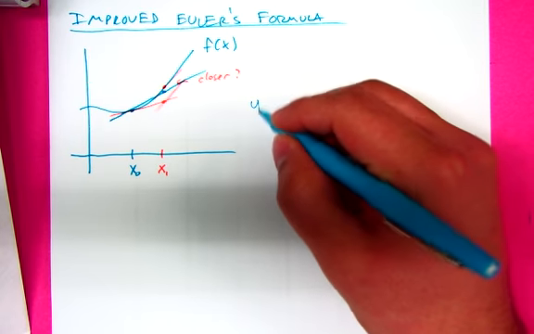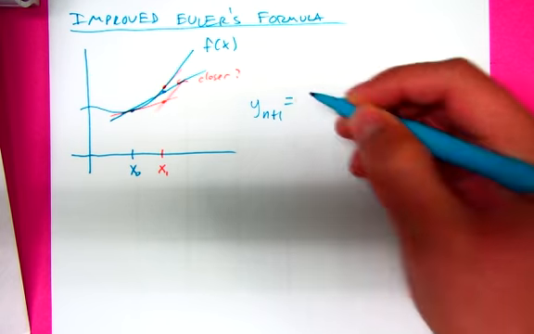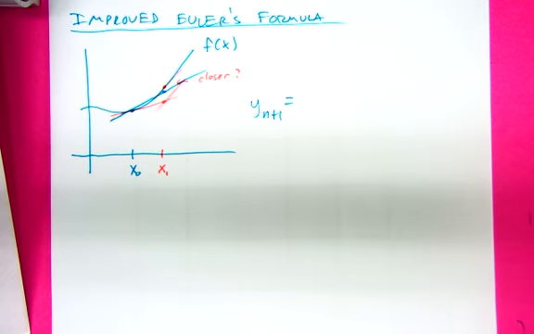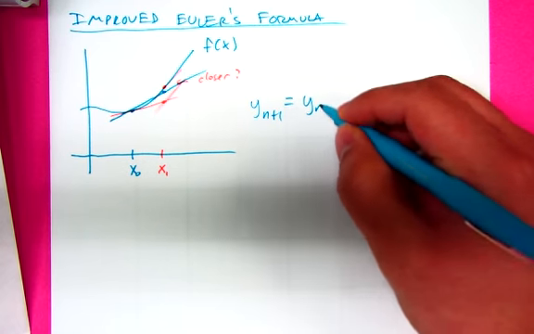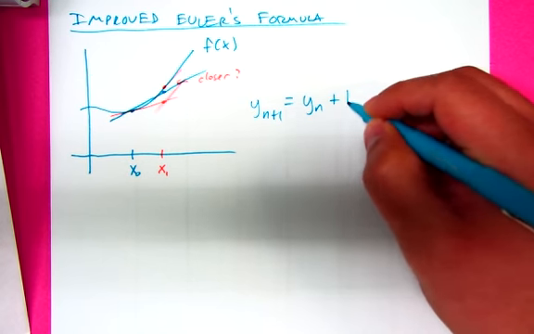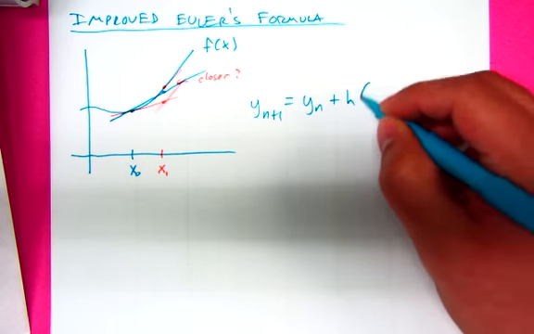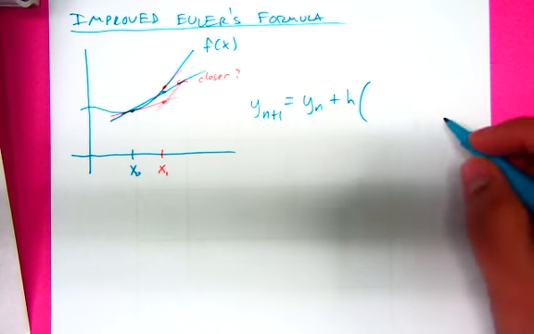So to calculate the next output, you take previous output plus step size times the average of the slopes of the tangent lines.